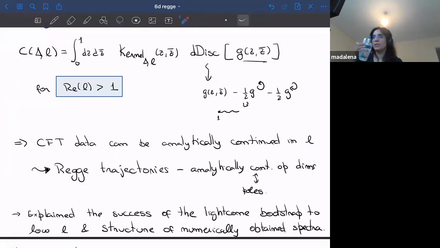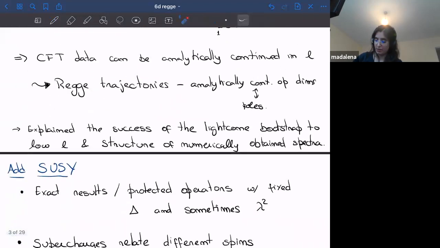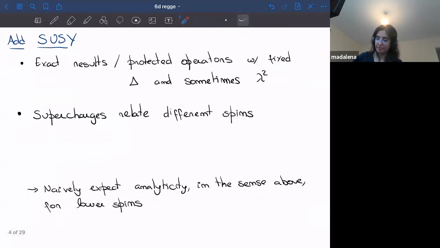So my talk now is supersymmetric. And the idea is that supersymmetry is making our lives easier. We are used to supersymmetry allowing us to obtain exact results. There are operators with protected dimensions and sometimes even fixed OPE coefficients. But what's more relevant for this story is that supercharges also relate different spins.